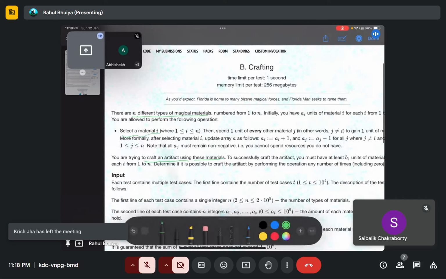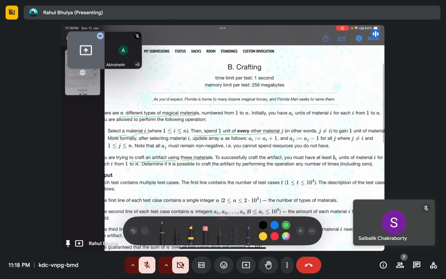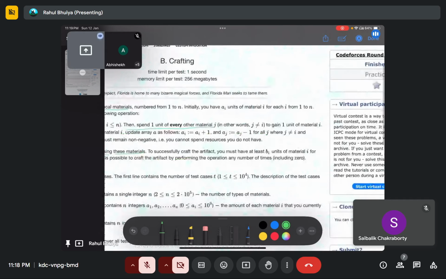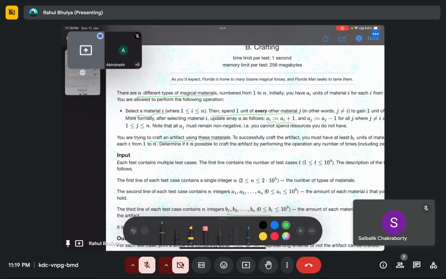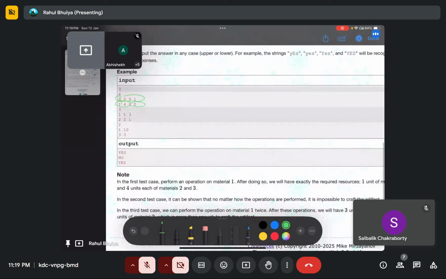If he selects a material i and spends 1 unit of every other material j, where j is not equal to i, he will spend one unit of each material that is not equal to i, and he will get one unit of that particular index. Like this one: 0, 5, 5, 1.